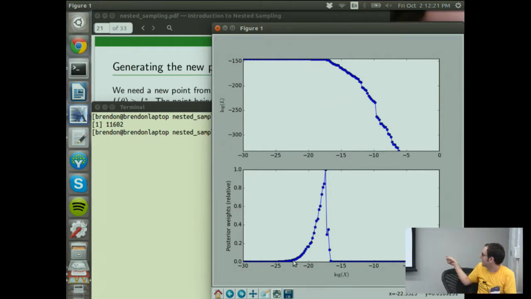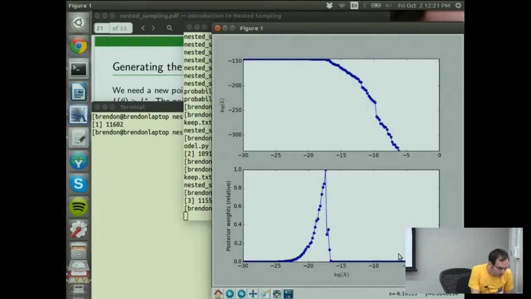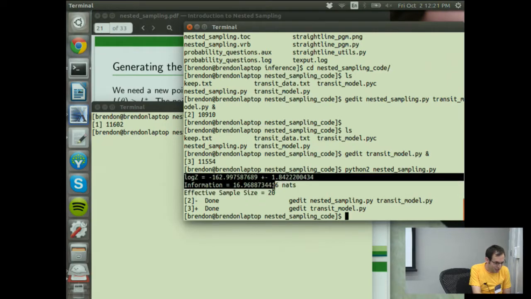And actually the error in the log marginal likelihood that you get goes down with square root of n in all the usual ways. So one output that you should see at the end when you close the plot is that I've printed an estimate of a few quantities.